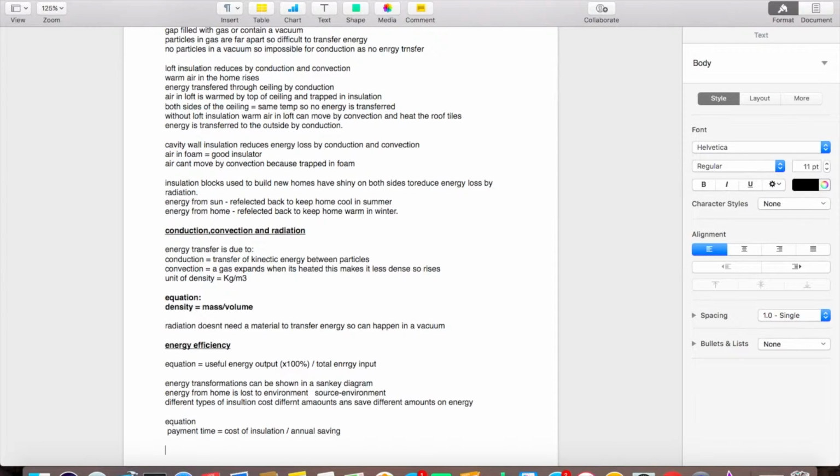Everything that transfers energy will waste some energy as heat to the surroundings.